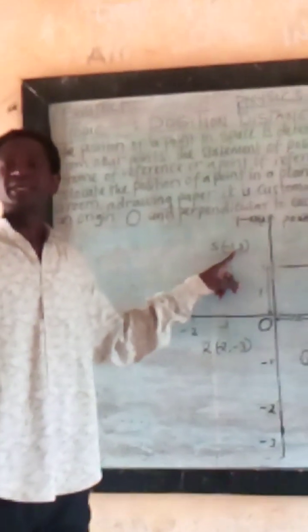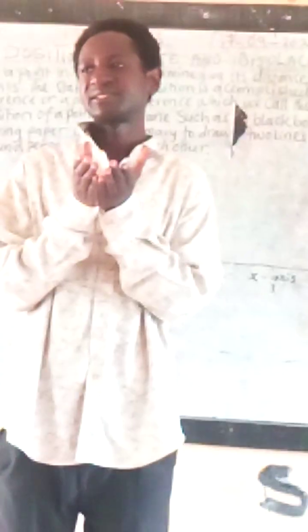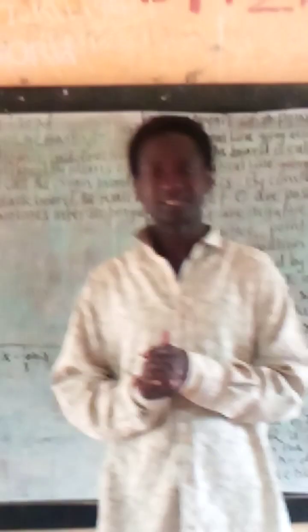It means that S is 1 unit in the minus x direction and 3 in the plus y direction. So this is how to locate a point by making a reference to the x and y axis.